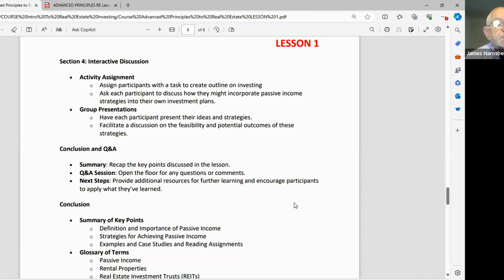What I would encourage you to do between now and our next lesson in 2 weeks is create an outline on your investment portfolio and what your investment strategy and investment objectives are. That's the general overview that applies to your real estate portfolio. Then take that same approach for each property that you have.